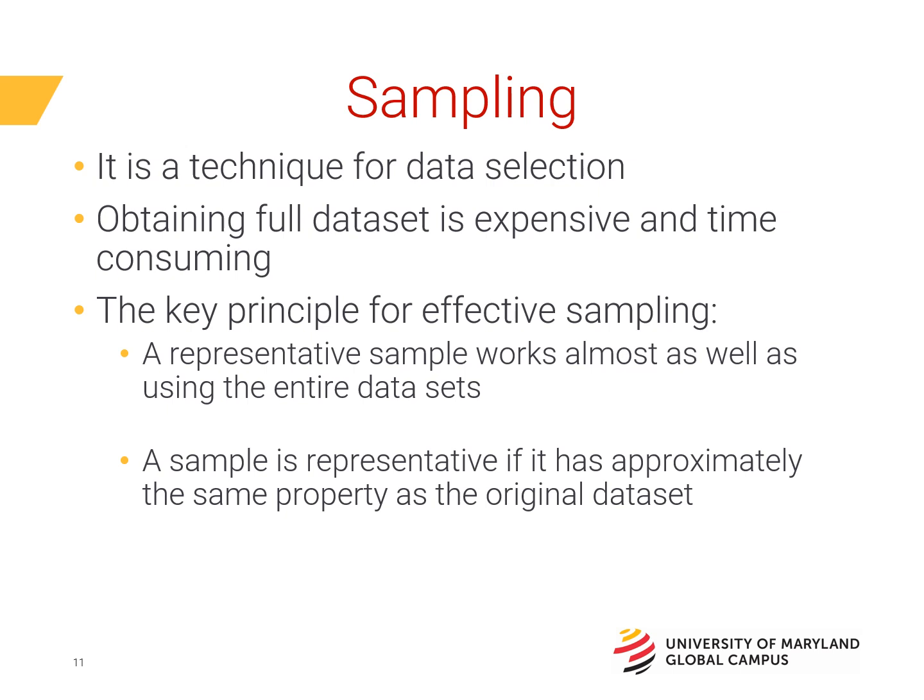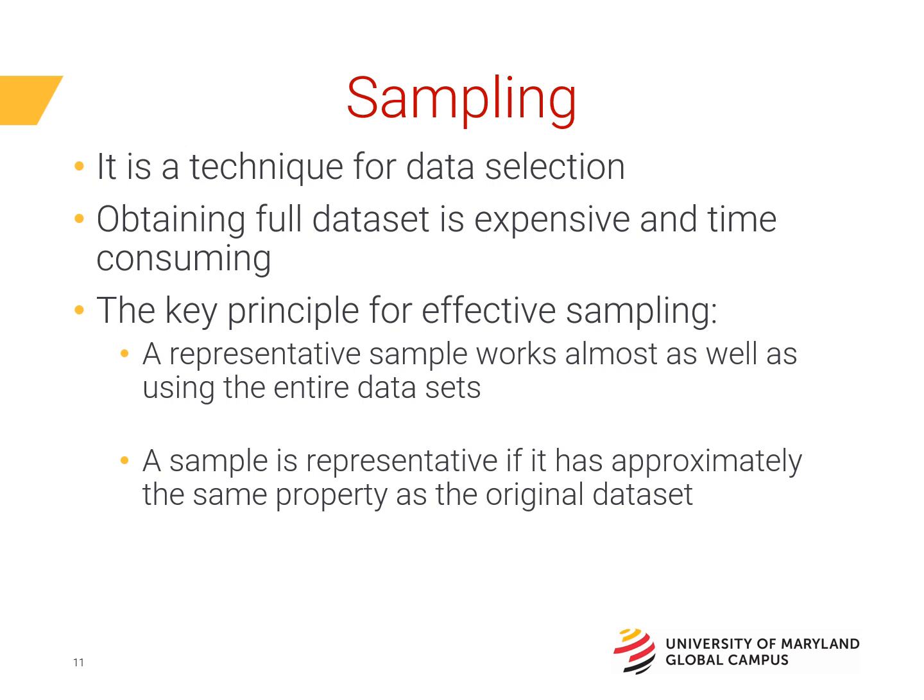The key principle for performing sampling is you have to make sure that it is representing the domain that you're performing the analysis on. So it has to be a representative sample or a good approximation of the entire data set.